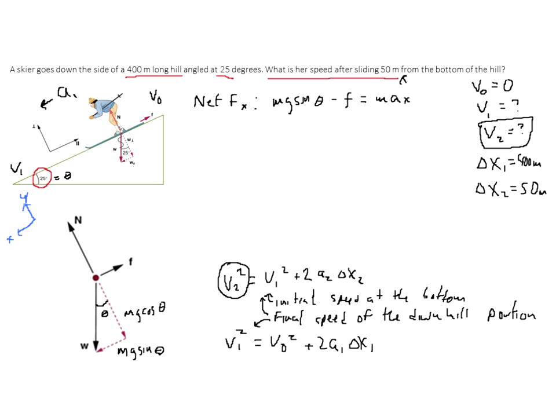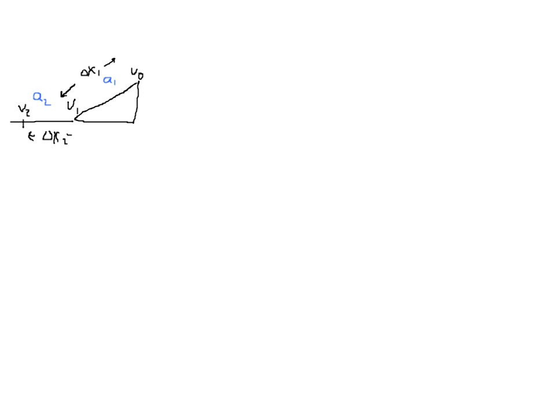So basically the person slides down the hill. They start at rest, they pick up speed and get to the bottom of the hill. Then they slide along the ground, and while they're sliding along the ground, they actually are slowing down because there's still going to be friction between the skis and the snow. And we can look up that number to help us out with that.